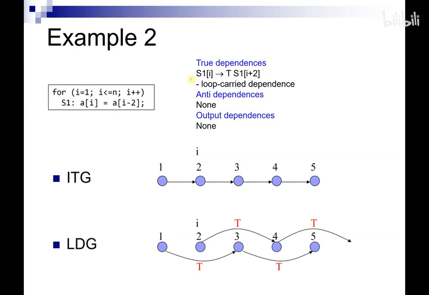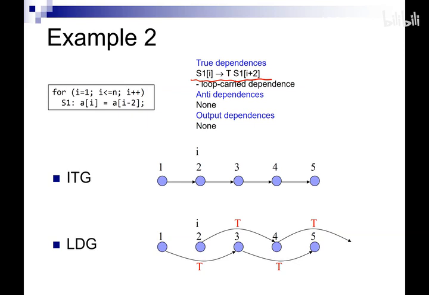Because of this true dependence from I to I plus 2, there's a true dependence from 1 to 3, and from 3 to 5, and so on, 5 to 7, and so on. And also there's a true dependence from 2 to 4, and 4 to 6, and so on. However, there is no dependence between iterations like 1 and 2, or 3 and 4. So this LDG shows all of the dependencies that we have.